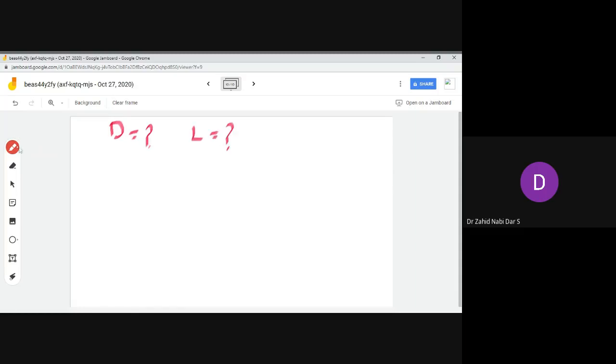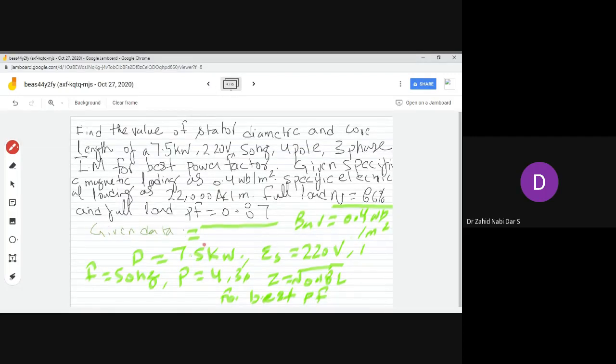So how do you go about the D value? Your input kVA is nothing but your kW divided by efficiency into cos phi. Similar to the previous equation, the kW value is given as 7.5, so substitute 7.5 in this equation.